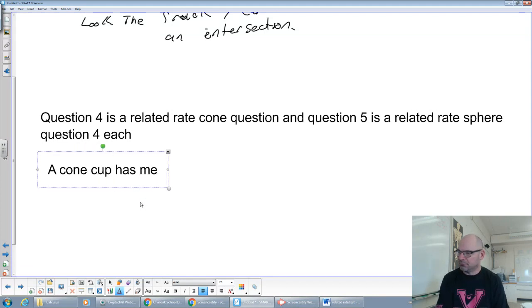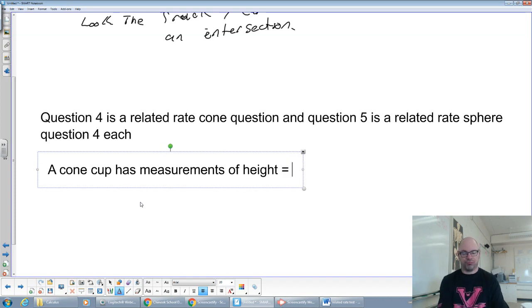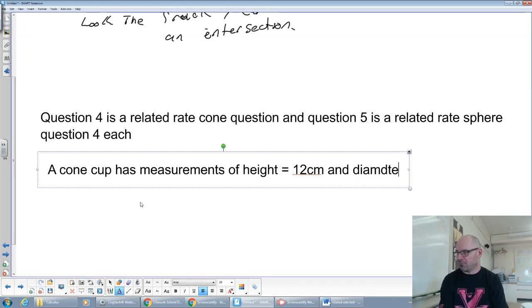Okay, let's say a cone cup has measurements of height equaling 12 centimeters, and diameter, be careful, not radius, I'm giving you a diameter. It's not a trick. It's a bit of a trick, okay?